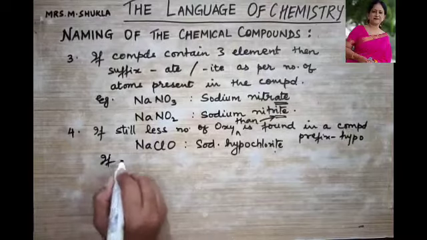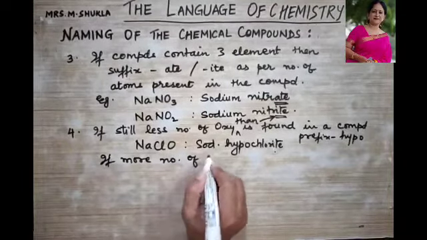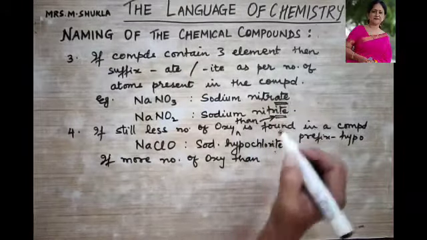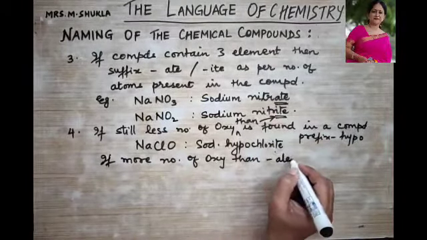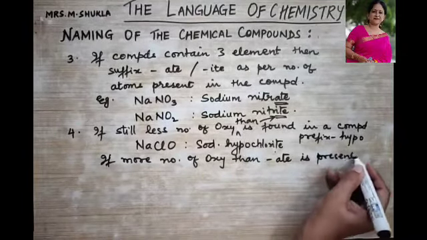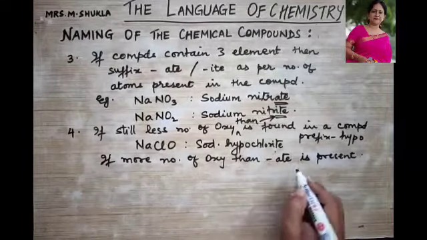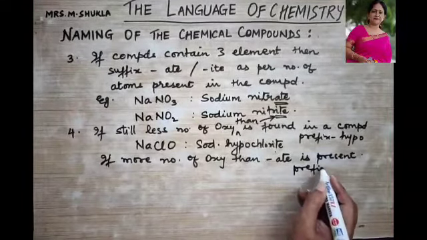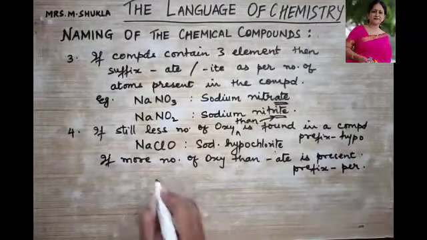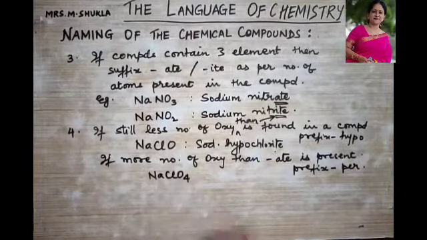Now, if more number of oxygen than ate is present, then how are we going to write down? Then the prefix that is to be used over here will be per. Like for example, NaClO4.